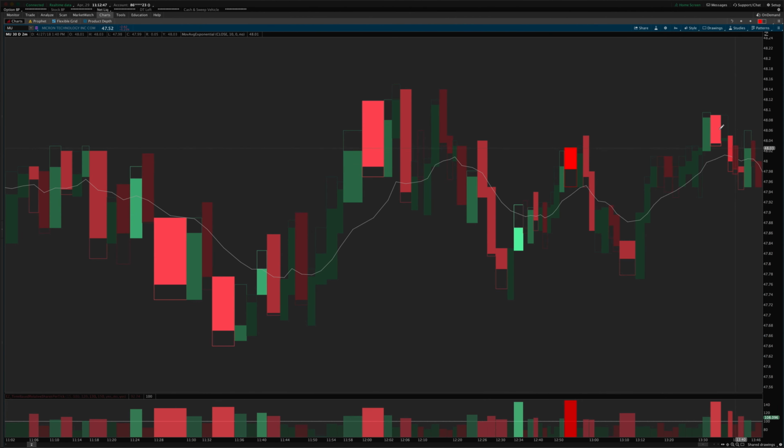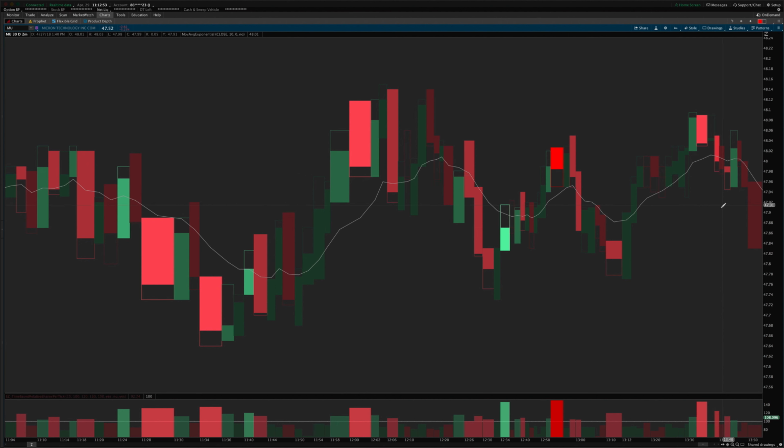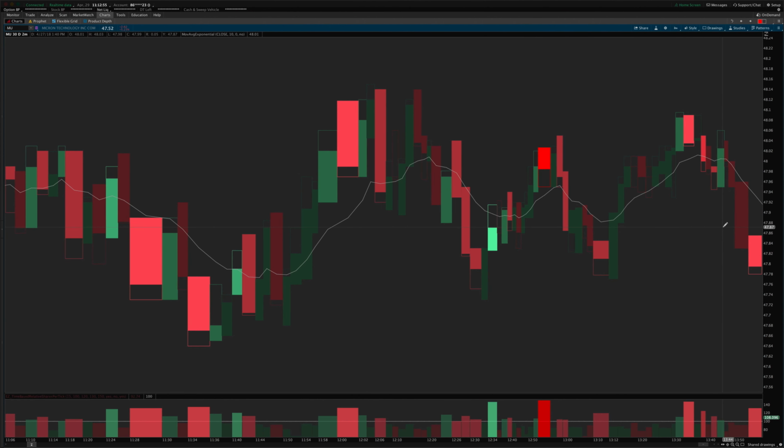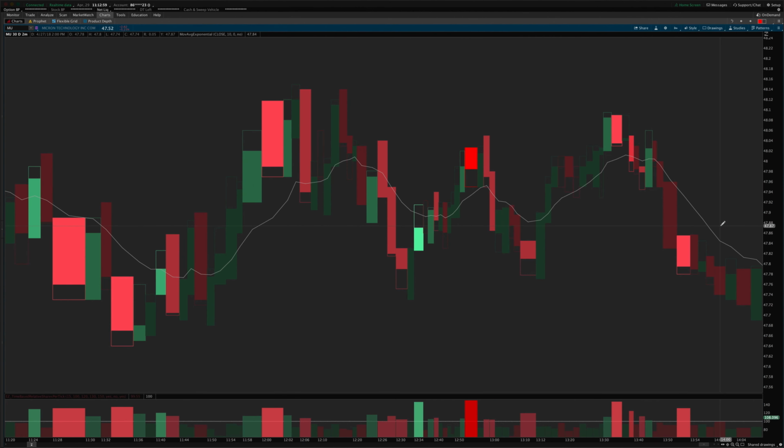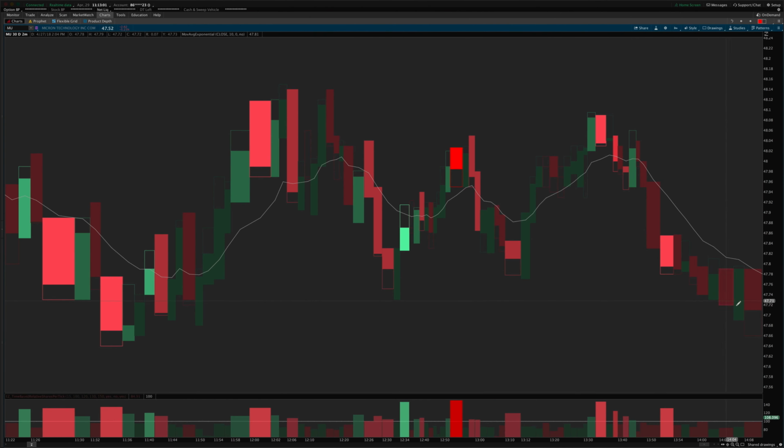It's just a lot of short squeeze back. You know, it's just a lot of sloppy back and forth action. No real setups through here. We had some good move there, but this would have been the only way to take that, and that's just too wide of a stop at this point in the afternoon.